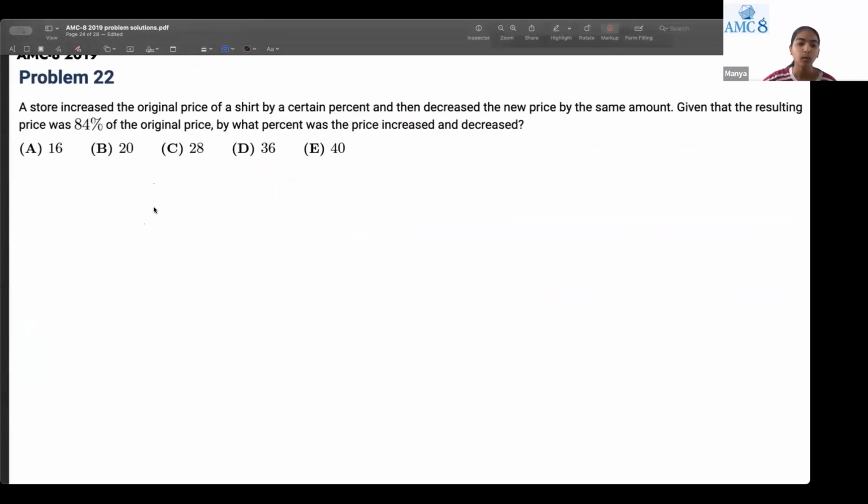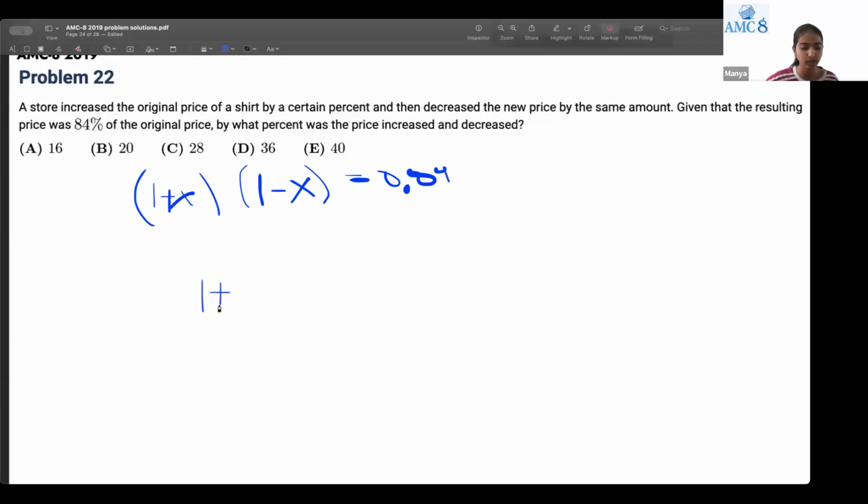So we know that 1 plus x, so 1 plus some amount, times 1 minus x is equal to 0.84. 84% is equal to 0.84 as a decimal. And so we can do 1 plus x minus x is still equal to 0.